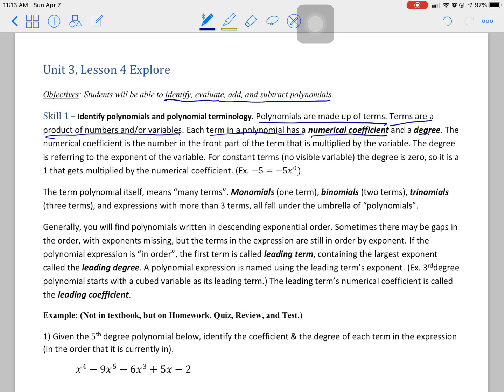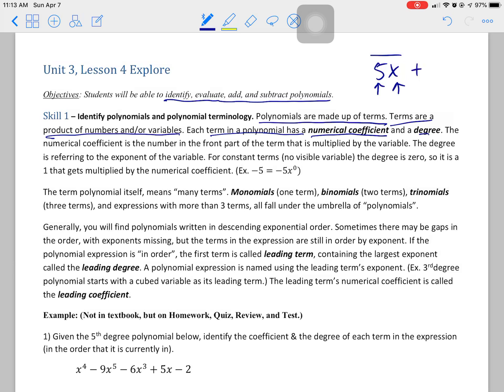The numerical coefficient is the number in the front part of the term that is multiplied by the variable. So if you have a 5x, that's the numerical coefficient, that's the variable. Together they make a term. You can even call them a type of polynomial term. I would go with variable term.